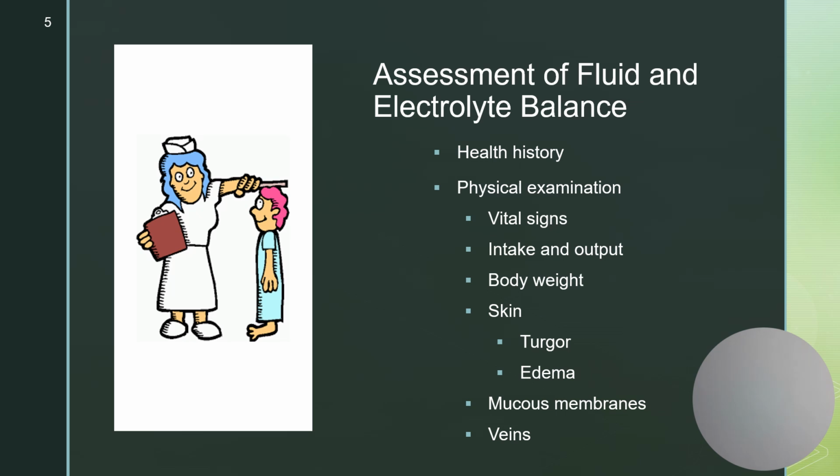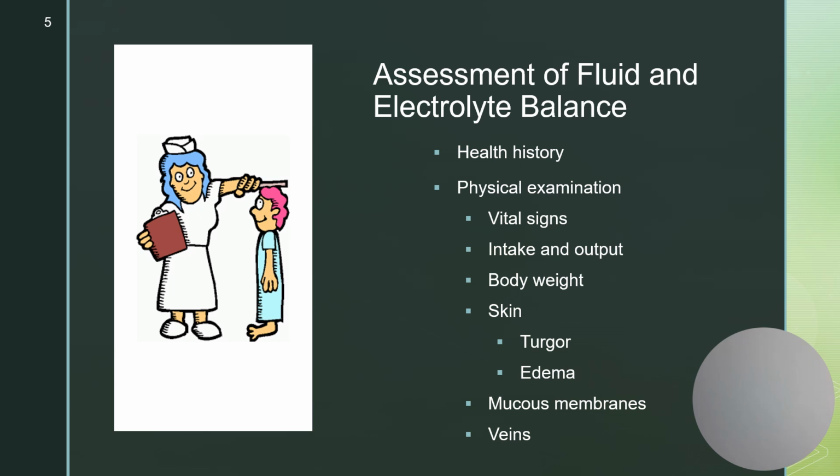Skin with fluid excess can appear moist and edematous. The face may have puffy eyelids or fuller looking cheeks. Edema might be present, and that will reflect water and sodium retention.